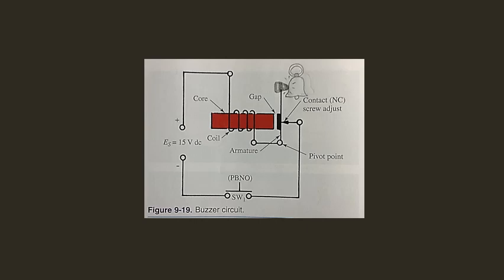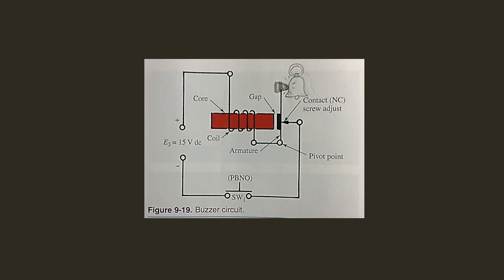The buzzer and doorbell. A common device that uses electromagnets is the buzzer. Arrange the coils and armature as in figure 9-19. Notice that the coil and the contact point are again connected in series. When the coil is energized, the armature is attracted toward the coil.